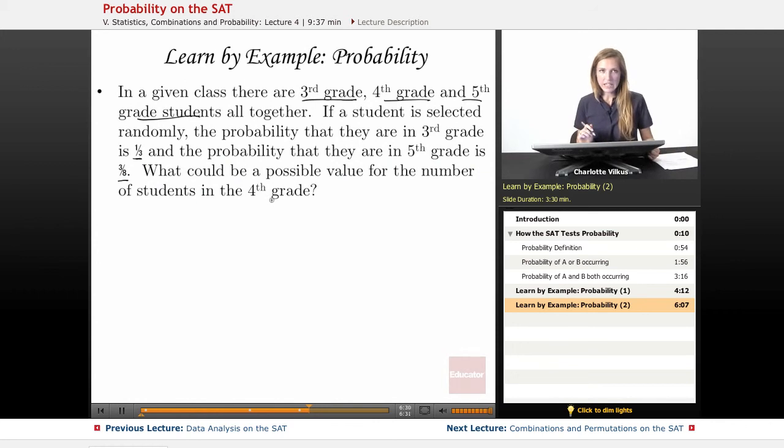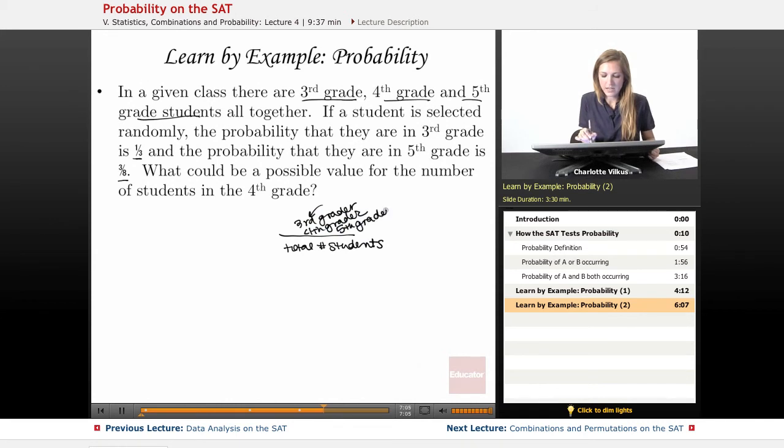So here we have multiple different scenarios going on, and it's more like our problem with the red and blue crayon. So I have a total number of students, which I'm not given, and then I have some probability of picking either a 3rd grader, a 4th grader, or a 5th grader.